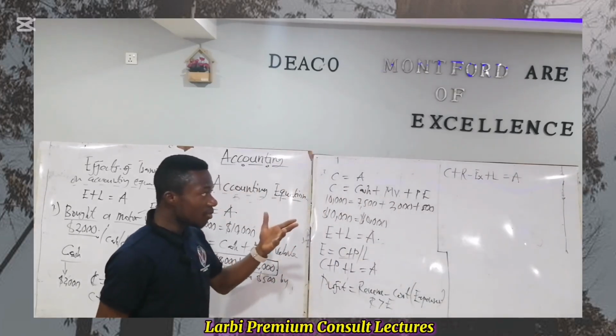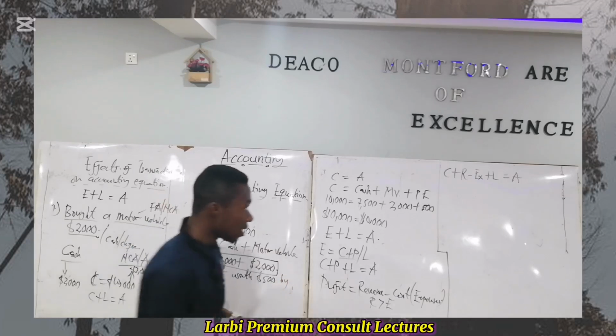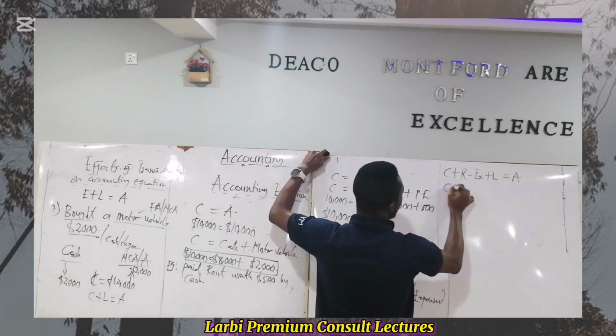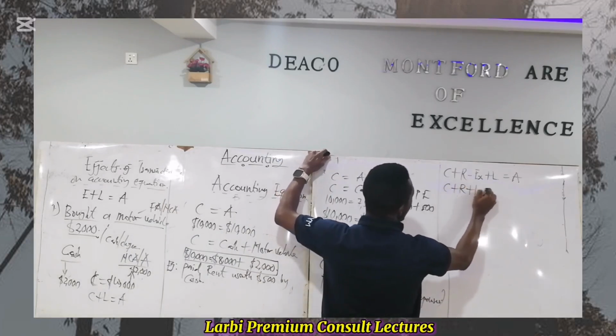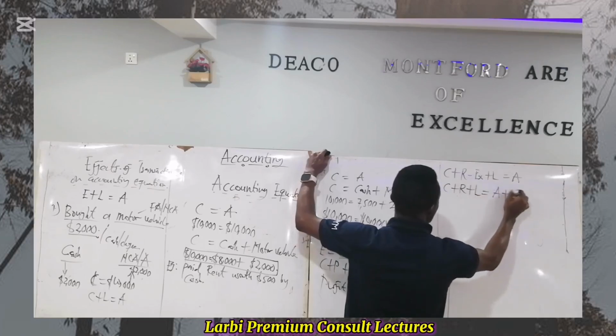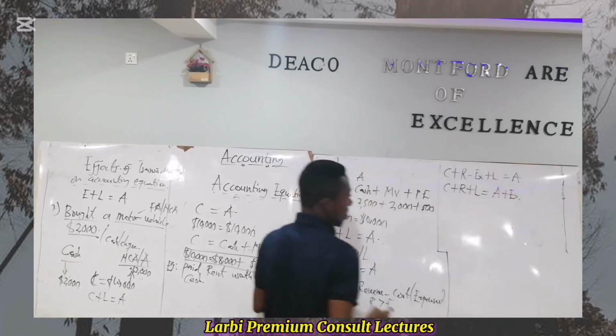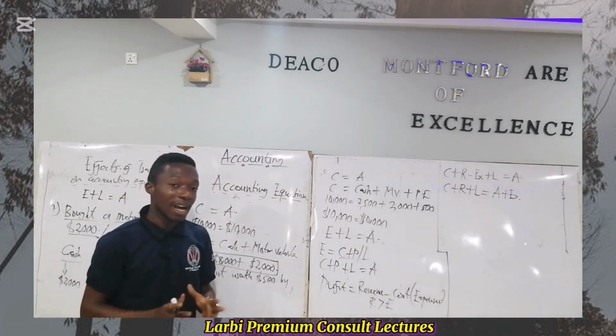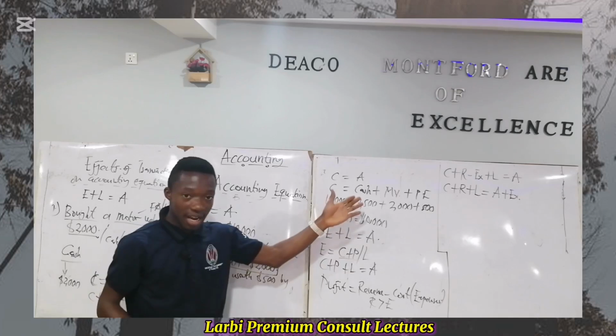Once we have this, let's rearrange it better. In rearranging this, we will have our capital plus our revenue plus our liability being equal to the asset plus the expenses. And this is what we call the expanded form of the accounting equation.